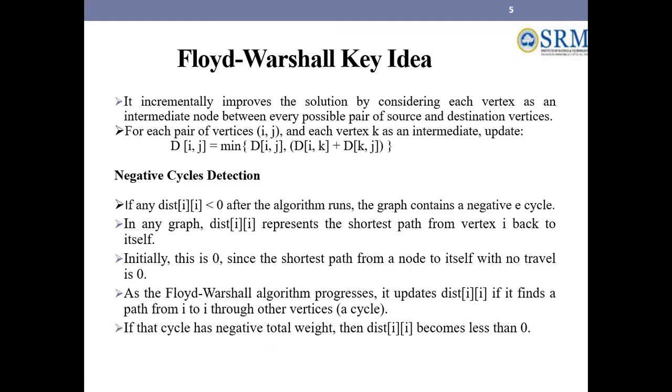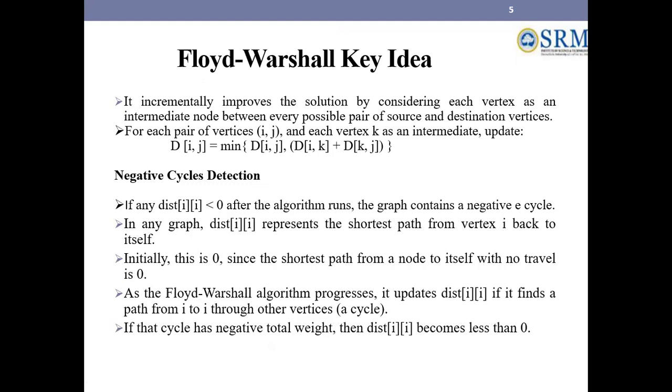If the algorithm runs and the diagonal value D of I I is negative, it means the graph contains a negative cycle. D of I I represents the shortest path from I back to itself. Initially this is 0. All diagonal values are 0.